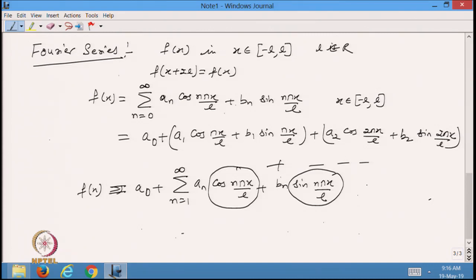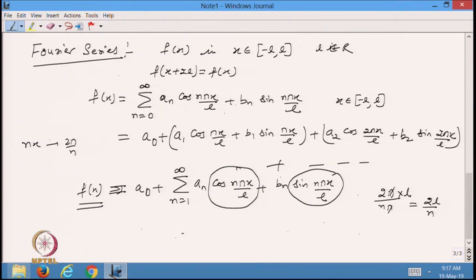So, for this function and this function, I can divide 2 pi over... because when it was nx my period was 2 pi by n. So, in this case I have n pi into L. So, this will be 2L by n.